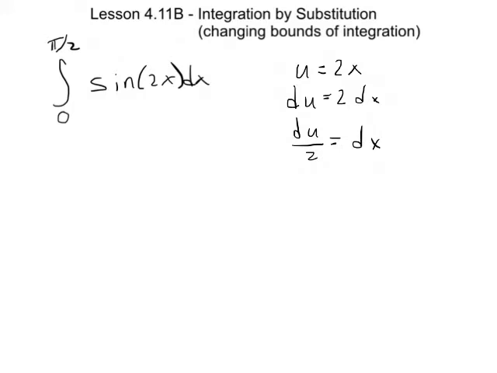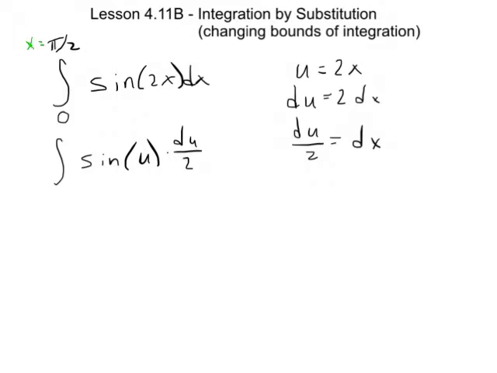And now when I bring these things back to the problem, you'll note I'm not going to write bounds on this integral. I'm going to write that this is the sine of u times du over 2. And the way that I really want you to think about this is that this original problem was all in terms of x. And when I say all in terms of x, I mean even these bounds were x values.